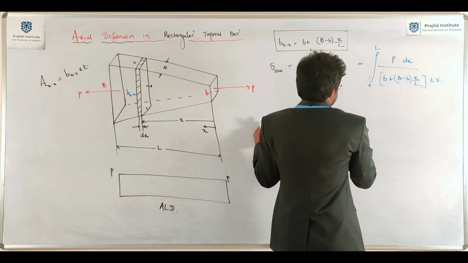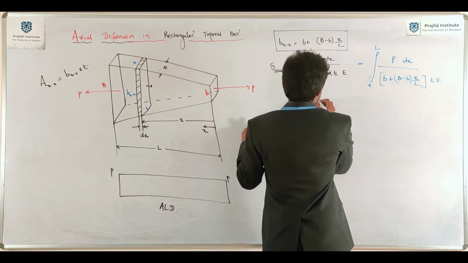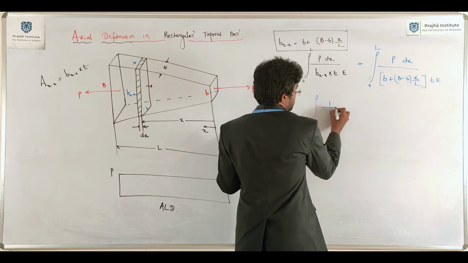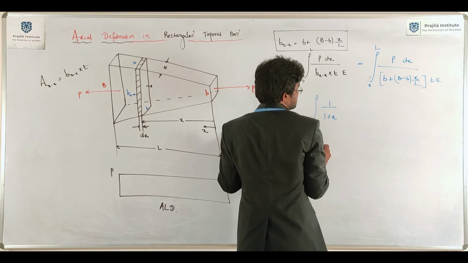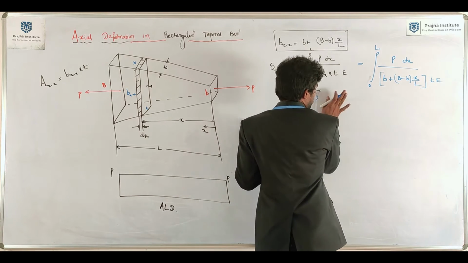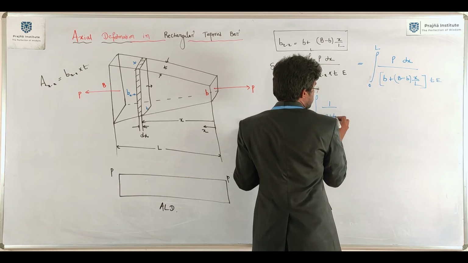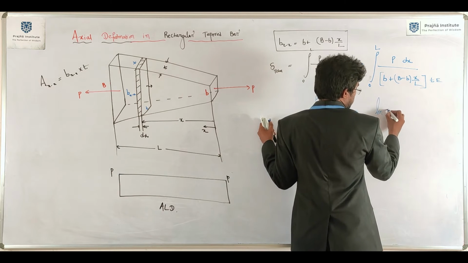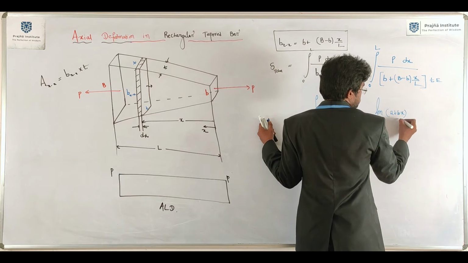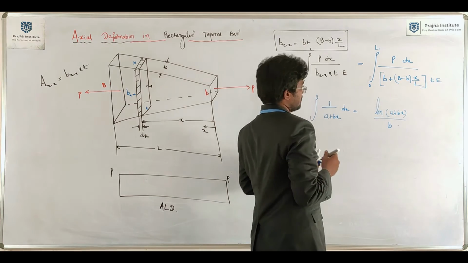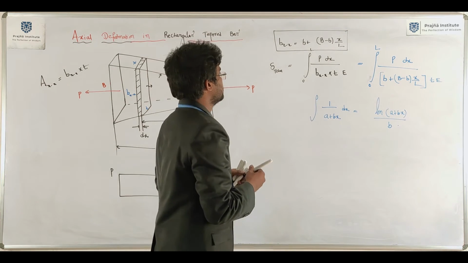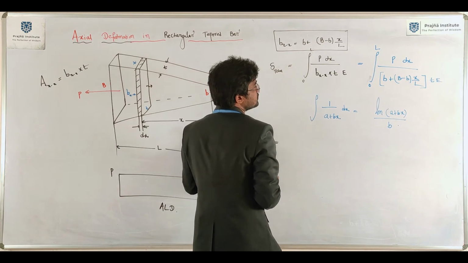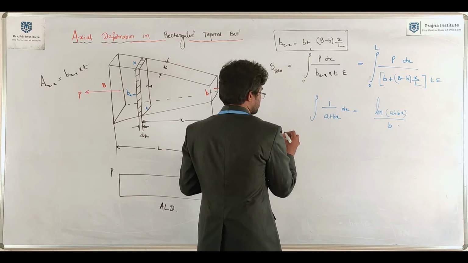Correct? Here what you will get? Tell me. Integral of 1 by (a plus bx) dx equals ln(a plus bx) by b. Then delta total equals, here what I will get?